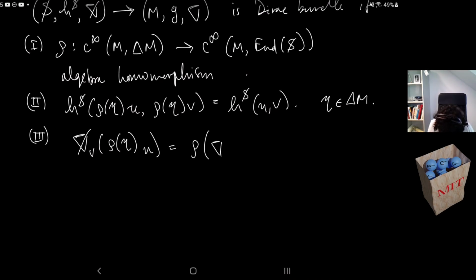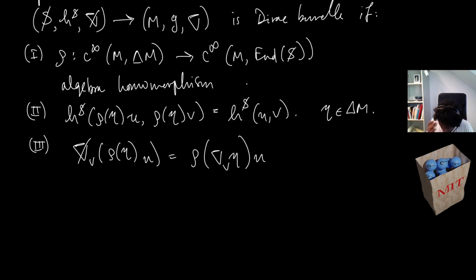Now this is the Levi-Civita connection. This should be for η of norm 1.